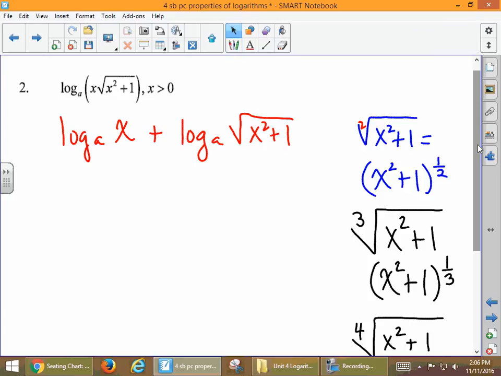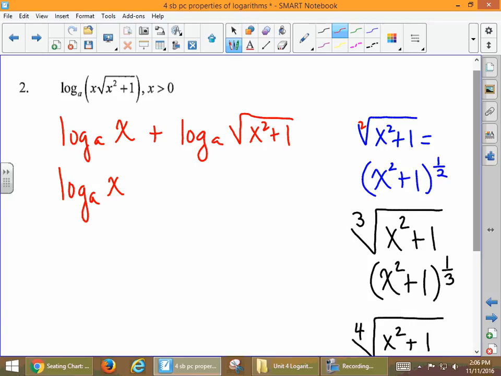So when we go back into our actual problem now, after digressing for a couple minutes, the log base a of x is not going to change. There's nothing else that we can do to that first term of our logarithm when we expand this. But we're going to rewrite the square root of x squared plus 1 as x squared plus 1 to the 1/2 power.